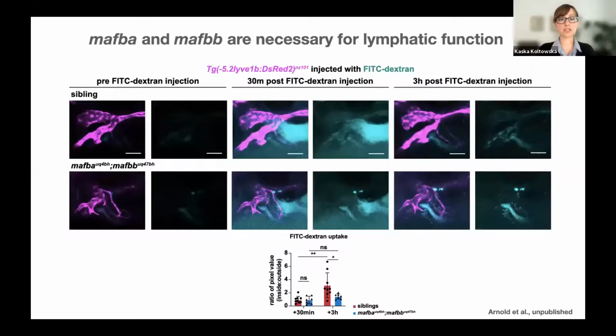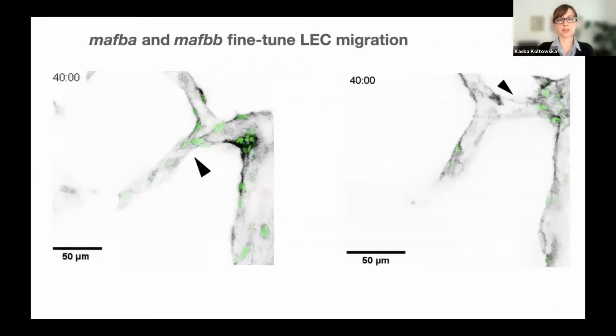When we injected the dye into the interstitial space in the wild type or the double mutants, we observed that there was no dye accumulation in the mutant embryos after 3 hours post-injection, when there was a dramatic increase of dye accumulation in the wild type vessels, suggesting that indeed these vessels are not functional. So then we went on to do time-lapse imaging to see whether these phenotypes arise due to problems in migration.